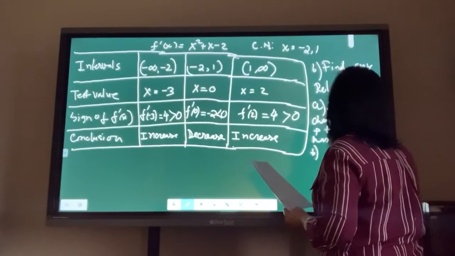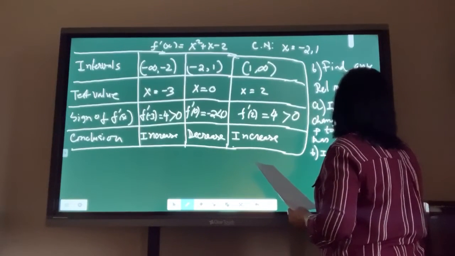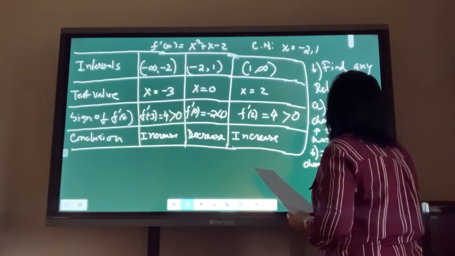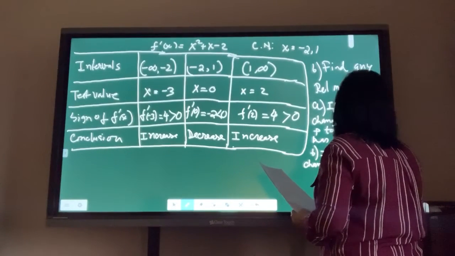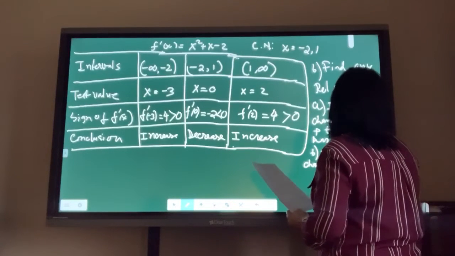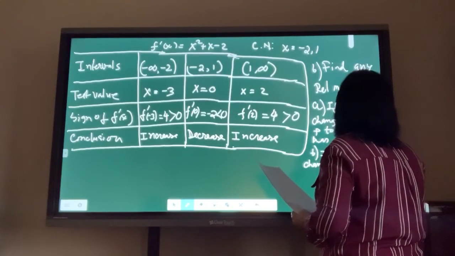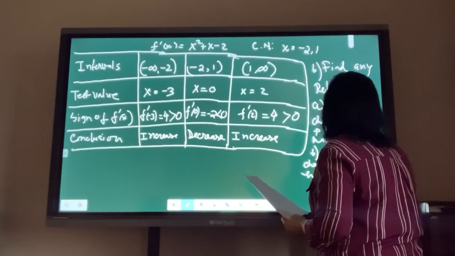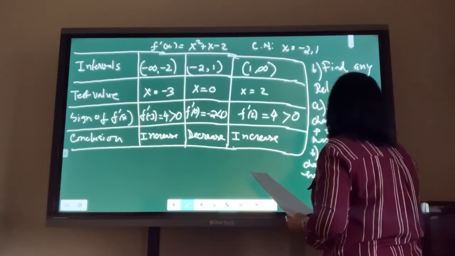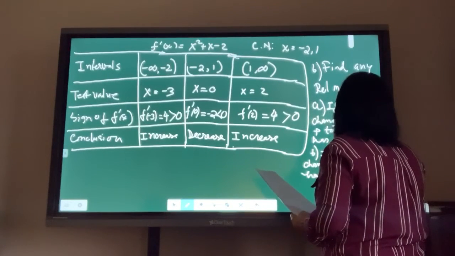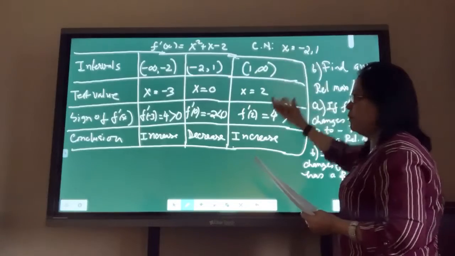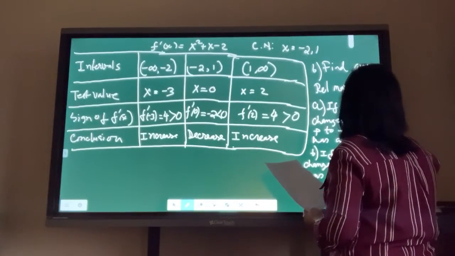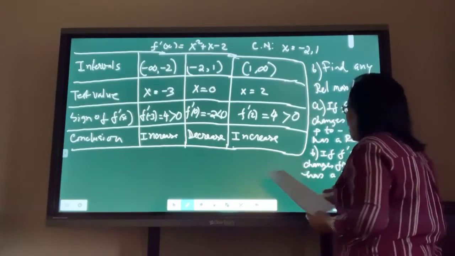In part B, the same way, if f prime of x now changes from negative to positive, okay, then it has a relative minimum. So this is what we are going to do, and this table will identify the relative minimum and maximum if there are any.